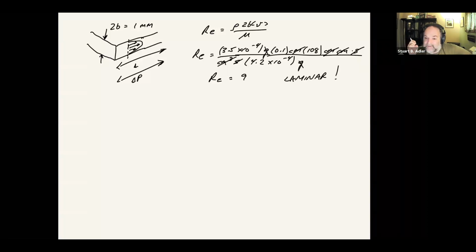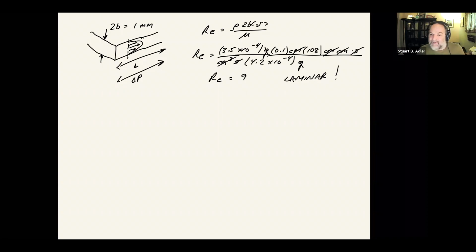The good news is it's very simple, much, much simpler than if we had turbulence, where we'd have to deal with probably a lot more empiricism and having to do a lot more measurements to make reasonable estimates of what the pressure drops are.